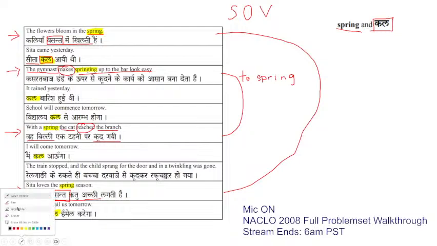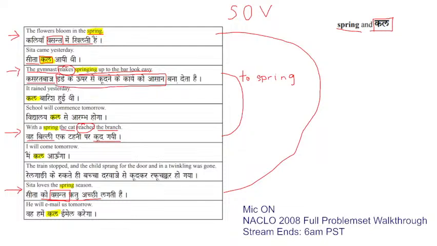So maybe finding some common looking words. I'm going to assume this is gymnast, and then this will be springing up to the bar. Right, and then this is look easy.